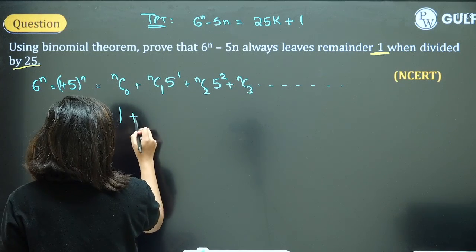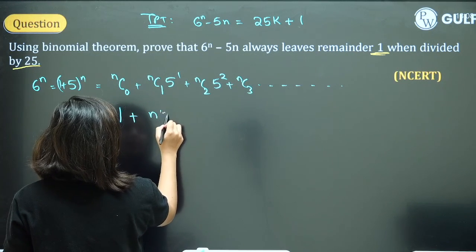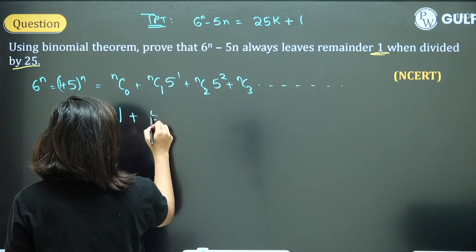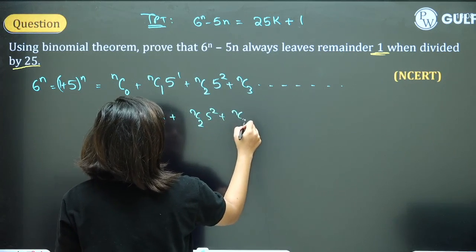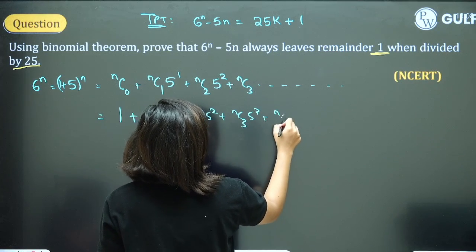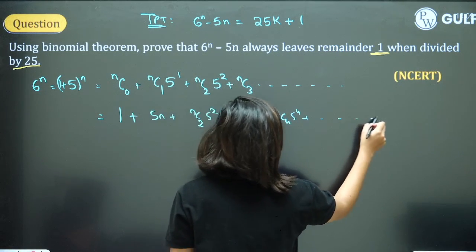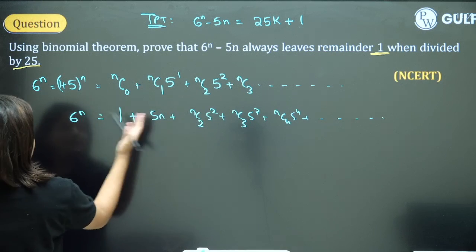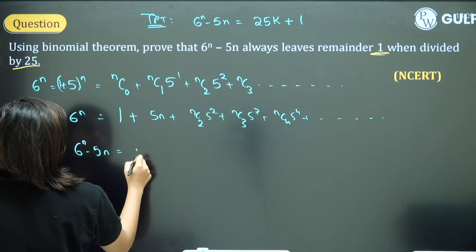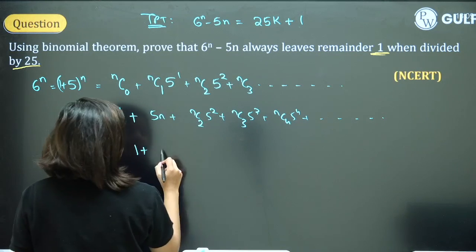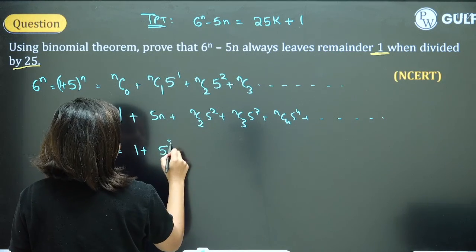NC0 is 1, NC1 will be n5, that means 5n, plus NC2 5 square plus NC3 5 cube plus NC4 5 raised to 4. Take this 5n to the left side. 6 raised to n minus 5n is equal to 1 plus, from all the remaining terms, you can take 5 square common.